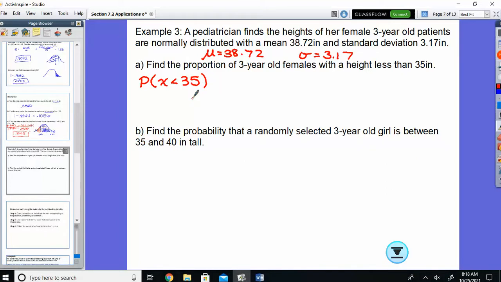Now, can you go to your table and look up 35? No. So what do I need to do with this before I can actually calculate my probability? Yeah, we need to change it to a z. So to get your z, you do your x minus your mean divided by your standard deviation.